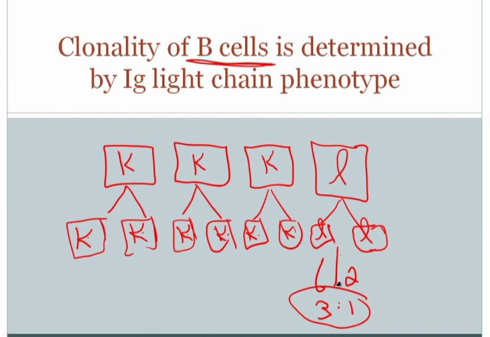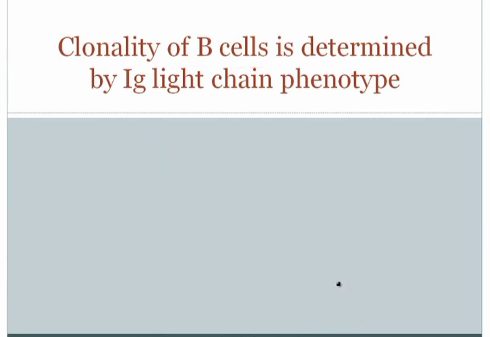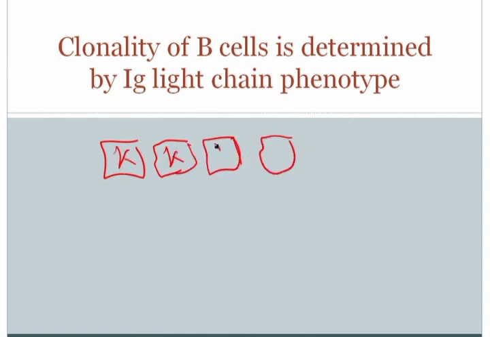Now let's take the other extreme, and I'm going to go ahead and erase this, and let's take another extreme where a patient has a lymph node, and the lymph node is basically 3 kappas, as we've already explained. The normal ratio is 3:1, and 1 lambda. And then let's pretend that the patient gets a neoplastic proliferation. Now when the patient gets a neoplastic proliferation, i.e. a lymphoma, 1 cell is going to be making all of the malignant cells.